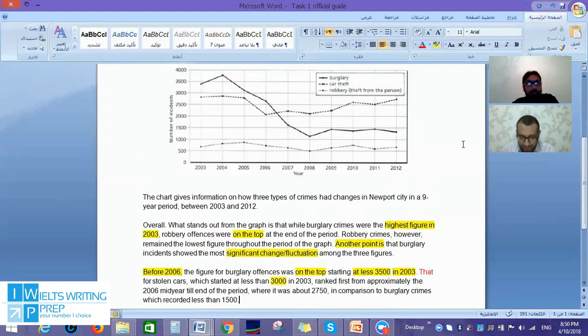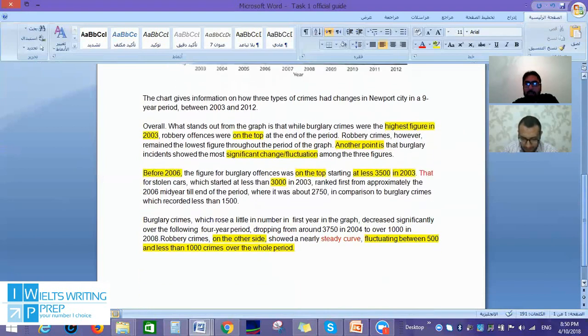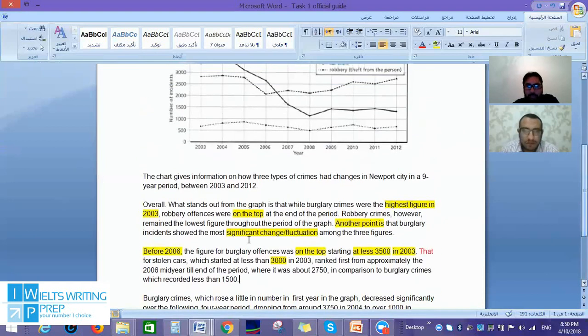Okay, yes, that's good. Let's talk about some of the specifics in the second body paragraph. Here you have "before 2006." This seems like a very general phrase. When we're doing reports, we want to be as specific as possible. We want to report as accurately as we can, to the millimeter. When you say before 2006, it's a bit general.